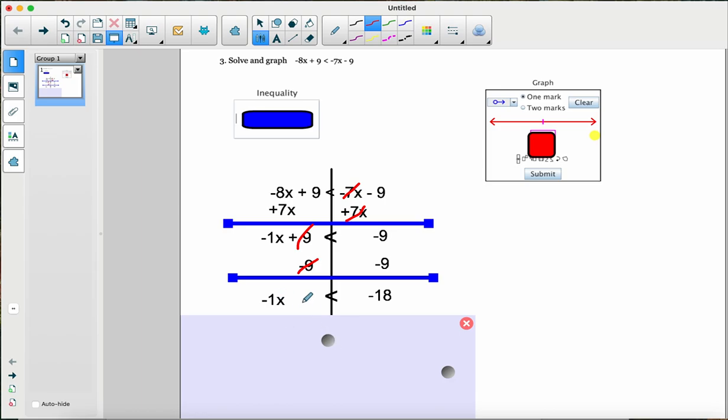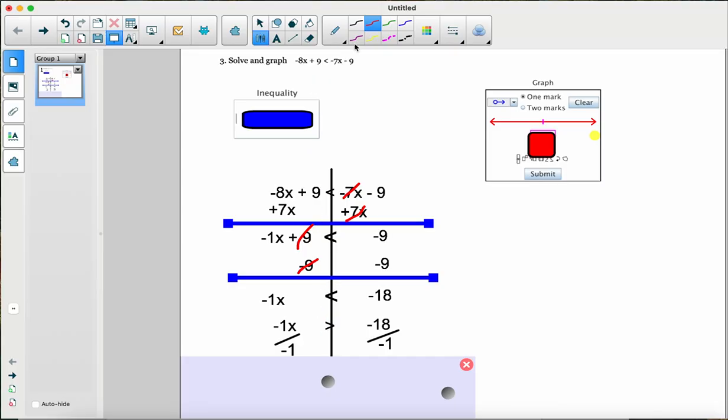Next, we again want to solve for x. So solving for x, we want to divide by negative 1. So we divide both sides by negative 1, x divided by negative 1, and negative 18 divided by negative 1. So when we're dividing by a negative number or multiplying by a negative number, we change the inequality. So the inequality of a less than becomes a greater than.